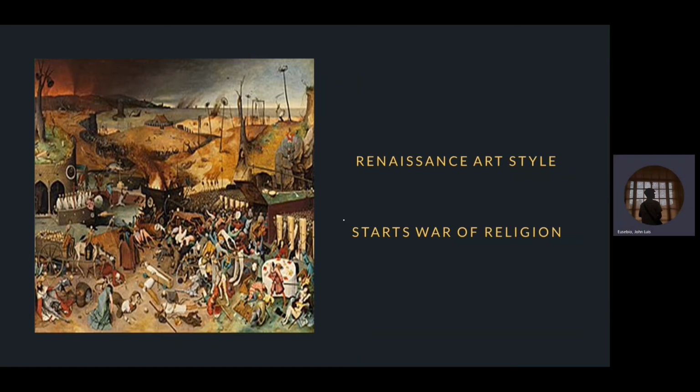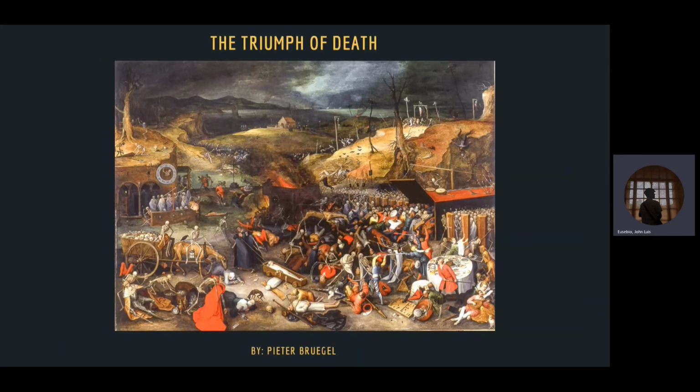One example of his famous work is The Triumph of Death, from 1562, about which there is much speculation about the underlying meaning or message attached to the artwork itself.